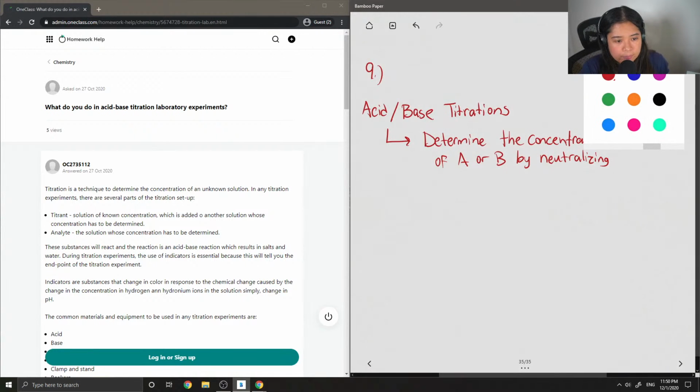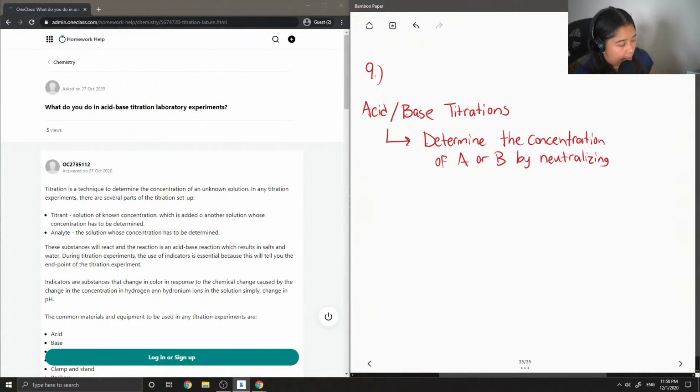So by A or B I mean acid or base. So by neutralizing it with a standard solution of either acid or base, depending on what you're trying to look for.